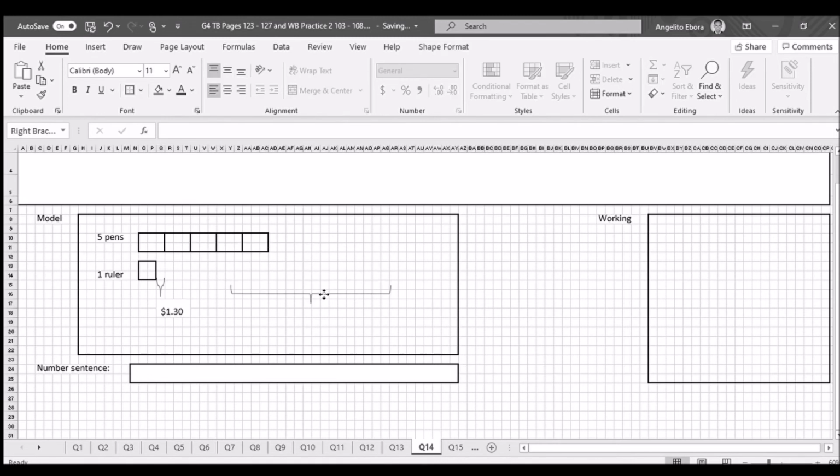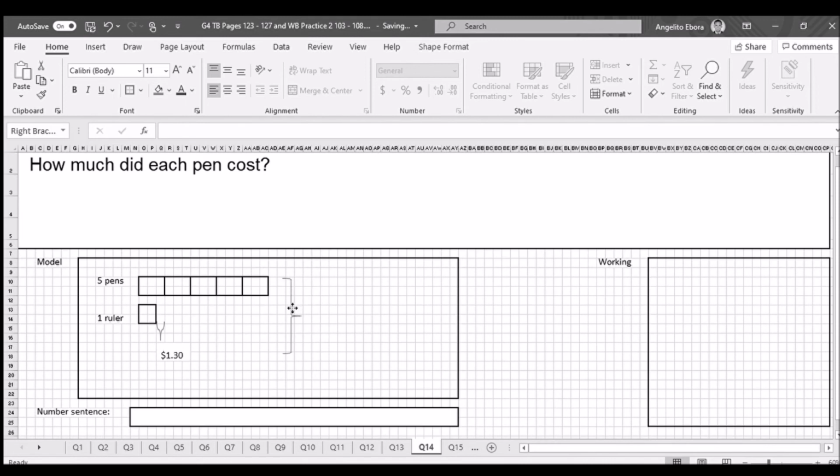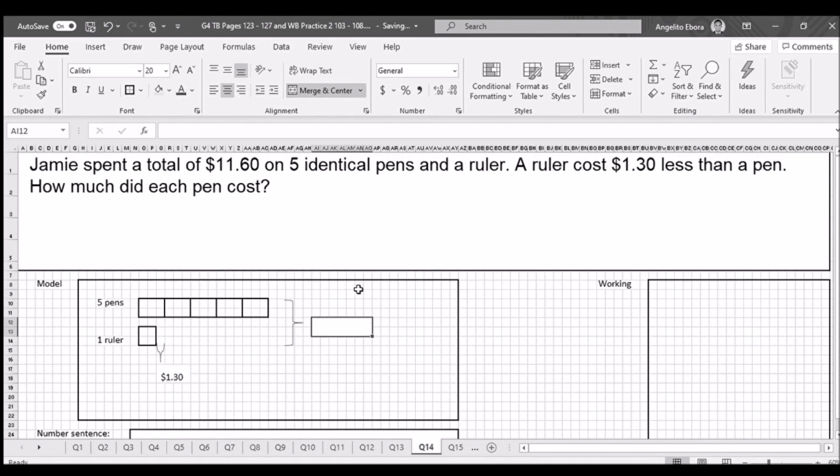Let's not forget the total, because it says total. This one and this one. The total is $11.60. So we have the model ready.